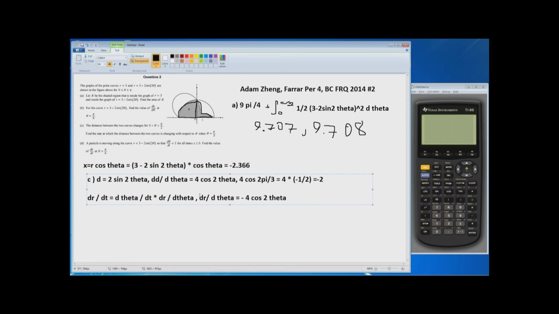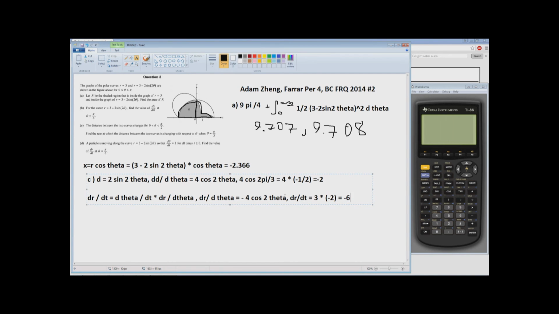Okay, now d theta dt is 3, so let's go back to dr dt equals 3 times dr d theta at pi over 6. Now cosine of 2 times pi over 6 is cosine of pi over 3, which is just 1/2. So negative 4 times that would give us negative 2. And multiplying these we get negative 6.